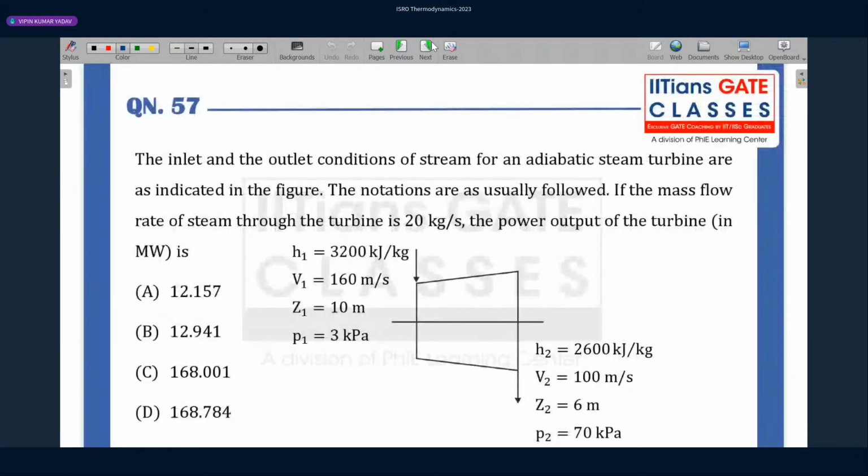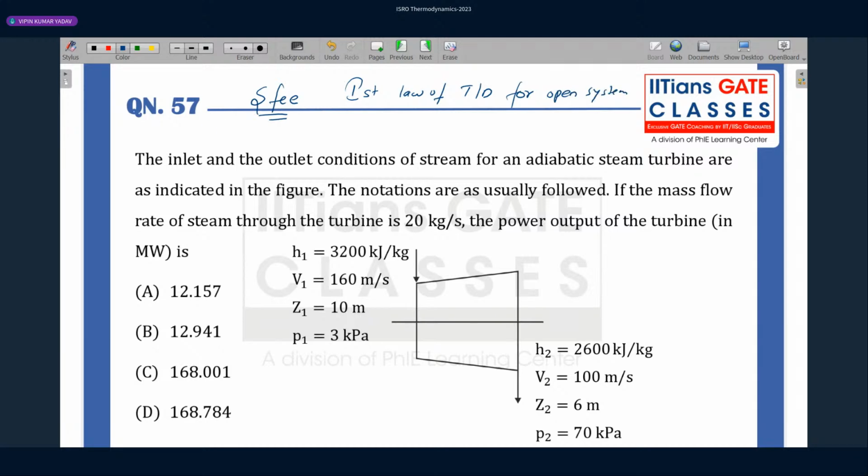This is a question based on the steady flow energy equation, also called the first law of thermodynamics for open systems.